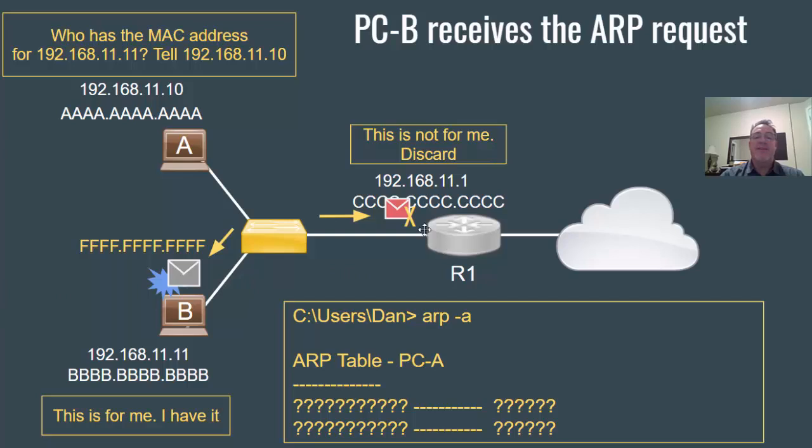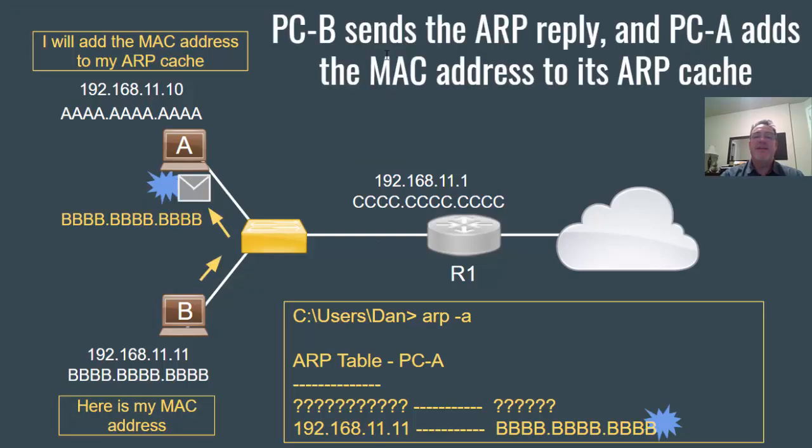So the router gets it and says, hey, this is not for me, I'm not 192.168.11.11, and discards the ARP request. PCB says, hey, this is for me, I have it, and it takes that ARP request. So in reply, PCB sends an ARP reply, and then PCA adds the MAC address to its ARP cache.